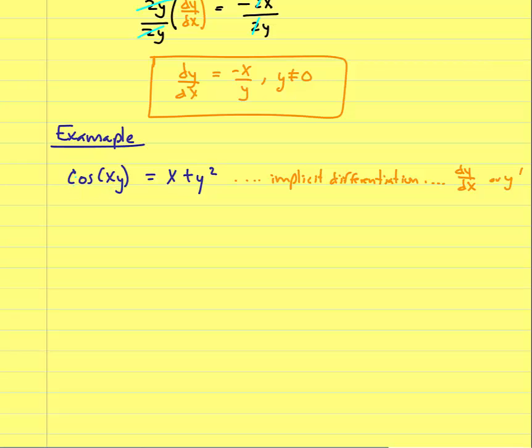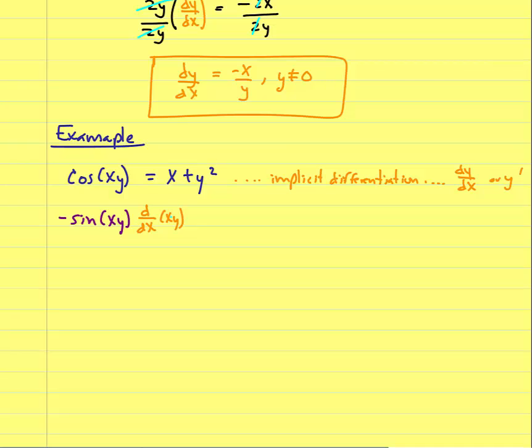Okay, so the derivative of the cosine is negative sine of xy. And then I need the derivative of xy. And that's where my product rule is going to come into play. So on the left hand side, I had the derivative of the cosine of u is negative sine of u, derivative of u. Now remember, u is some expression.